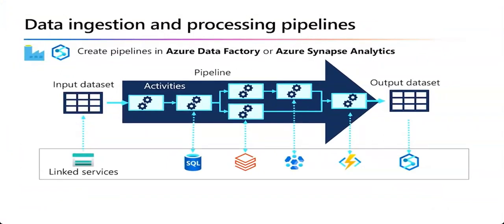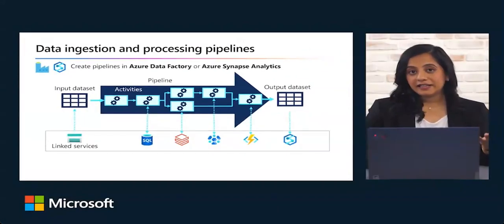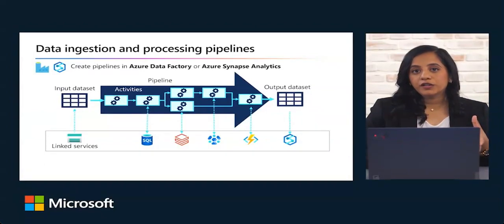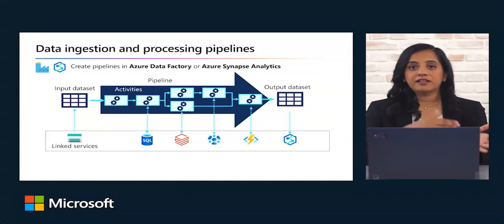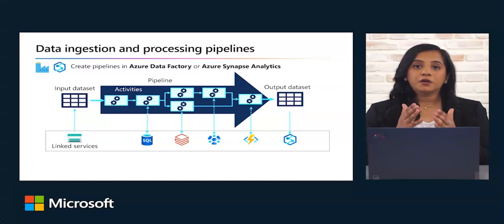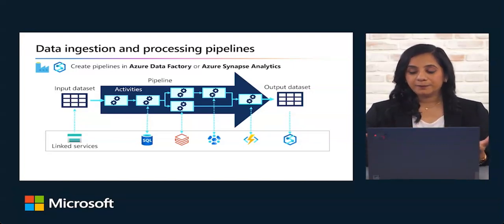And then we use services such as Azure SQL to run a stored procedure that looks up related data values before running a data processing task on Azure Databricks or Azure HDInsight, or apply a custom logic using an Azure function, as you see on the screen. Finally, you can save the output dataset in another linked service, such as Azure Synapse Analytics. Note that pipelines can support some built-in activities like copying data, which do not require any linked service.